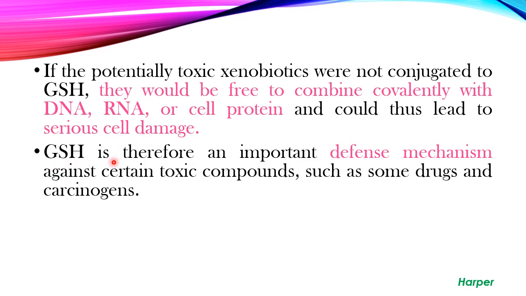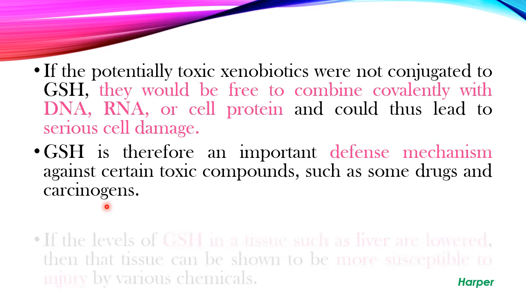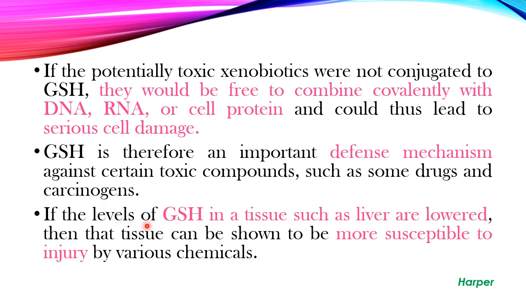Therefore, GSH is considered an important defense mechanism in order to handle these toxic compounds. For example, some drugs or even some cancer-inducing agents. If the concentration of GSH is observed to be low in a tissue, then that tissue can undergo more serious injury by those chemicals which are toxic in nature.